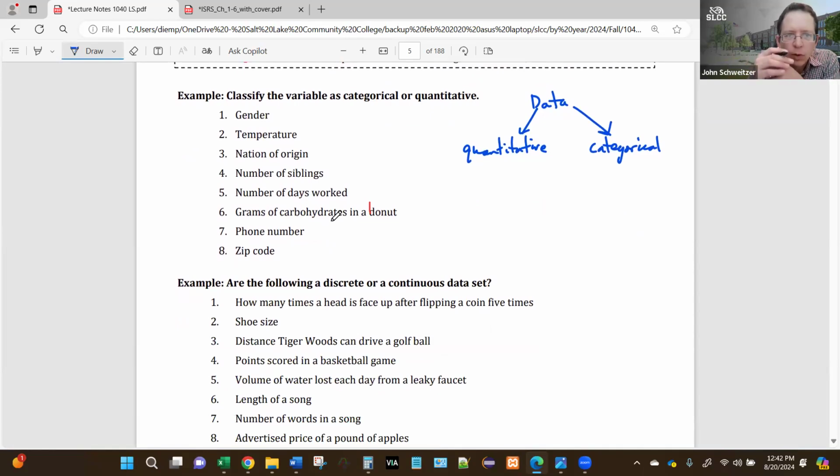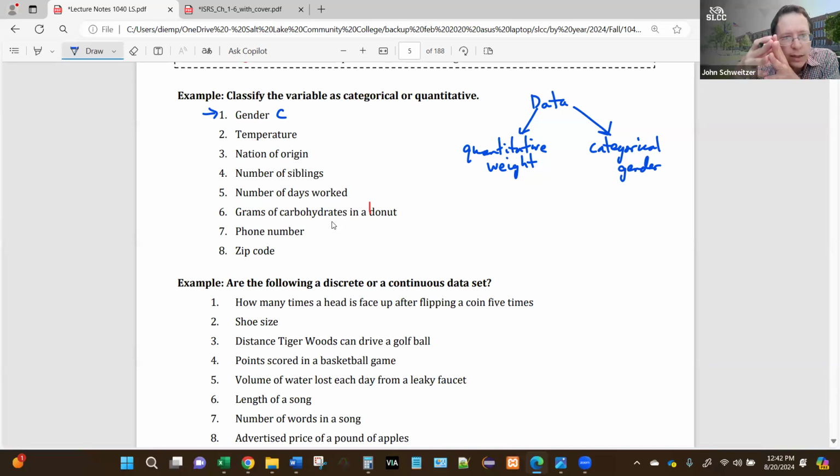Categorical might be something like gender, right? Gender is a category, so that would be categorical. Your weight would be quantitative. How much you weigh is quantitative, whereas gender would be categorical, right?